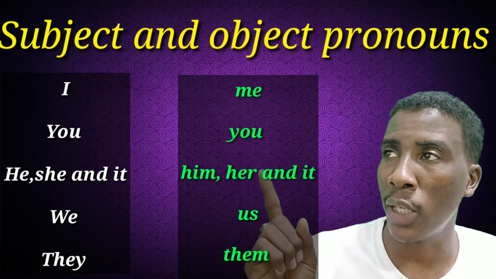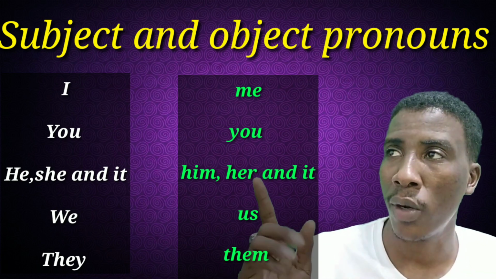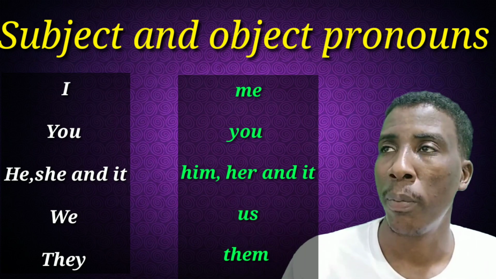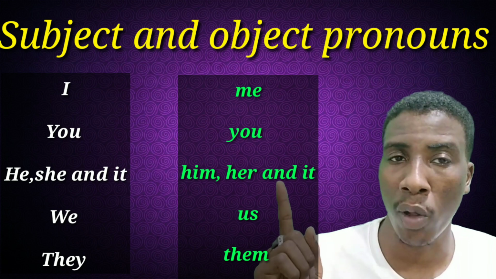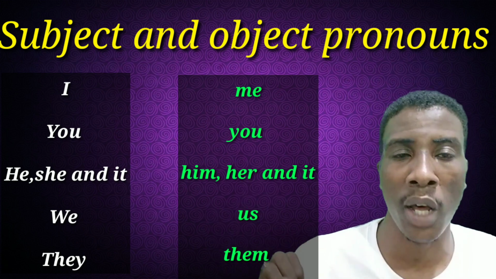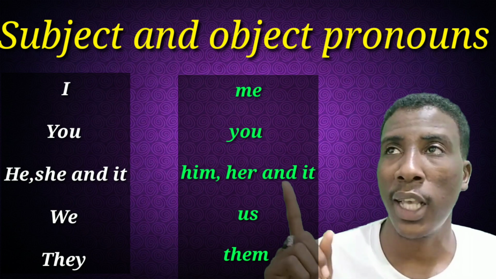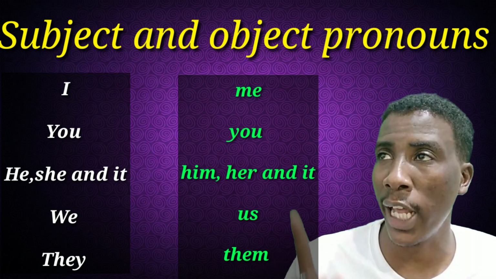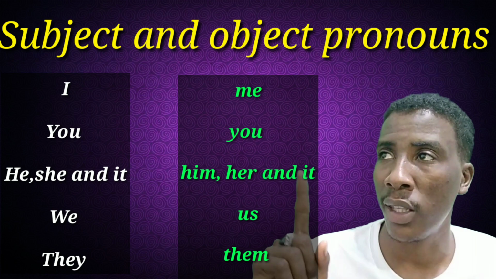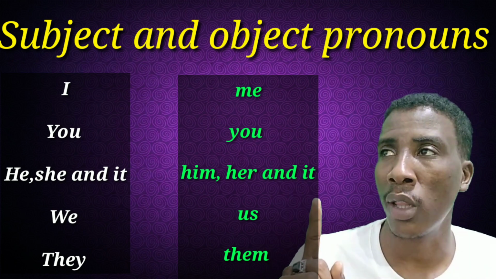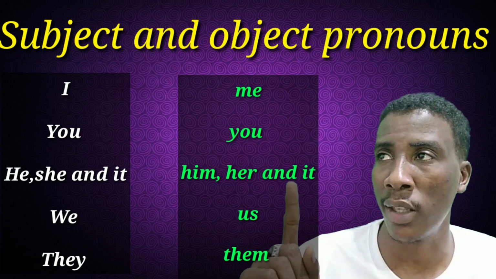The first person plural subject pronoun is we, but the object pronoun is us. The subject pronoun for the third person plural is they, but the object pronoun is them.